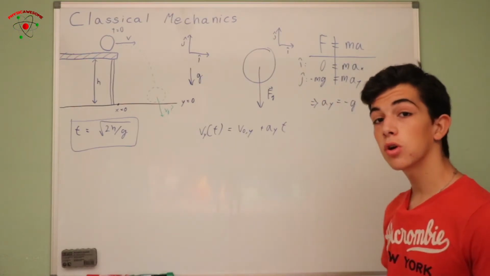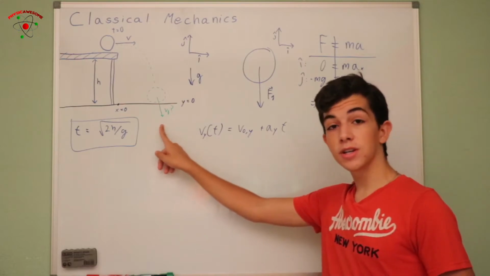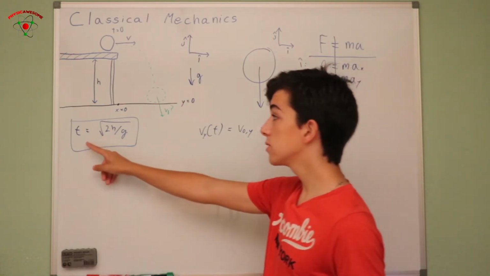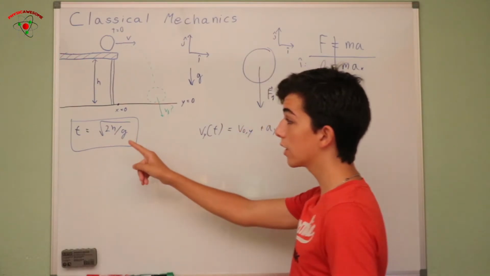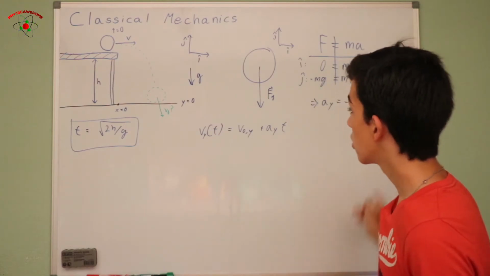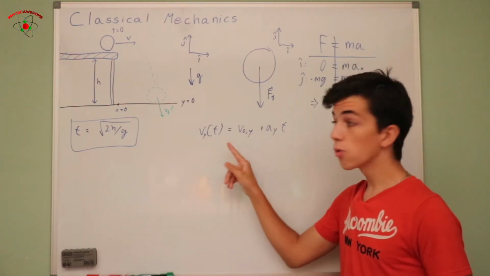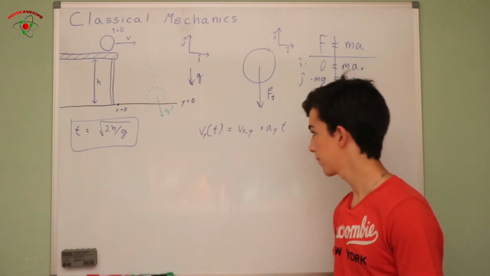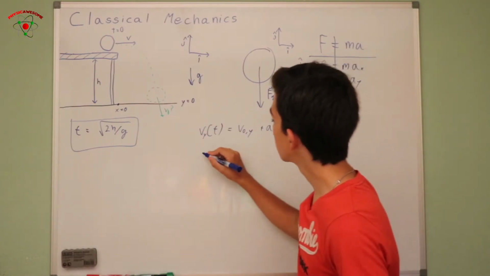We want to know the velocity right before it hits the ground. And we know it hits the ground at time t equals the square root of 2h over g. Therefore, if we input all of the data over here, we will find out the velocity right before it hits the ground. So let's do that.